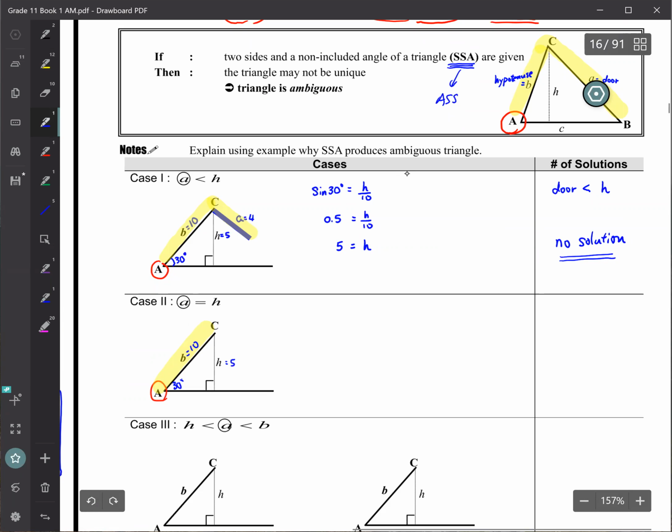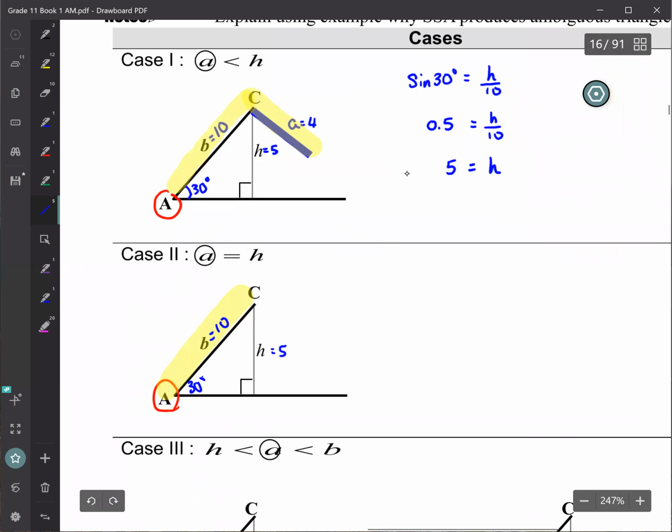So if it's the same, that means our door is also 5. If I swing a little bit to the side, it won't touch the ground. If I swing inside, it won't touch the ground, it won't close. So the only way for the triangle to be closed is to be at the middle.